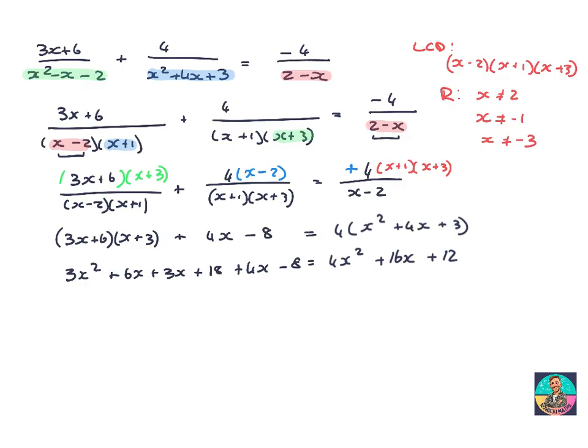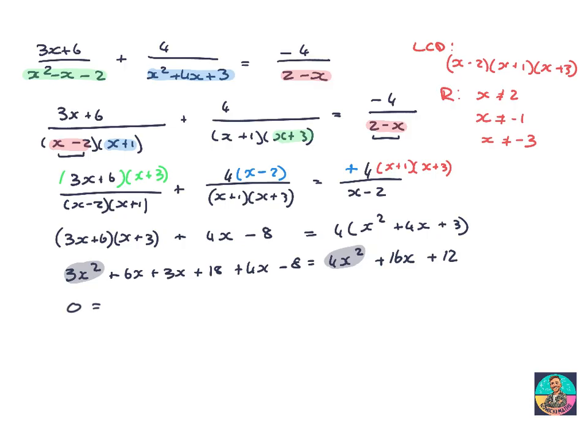Now notice we have a 3x squared here and a 4x squared there. That means immediately we should think quadratic equation. That means move everything and make it equal to 0. So ideally I'm going to take all of these things to that side, because I'll have 4x squared minus 3x, leaving me with a positive x squared.